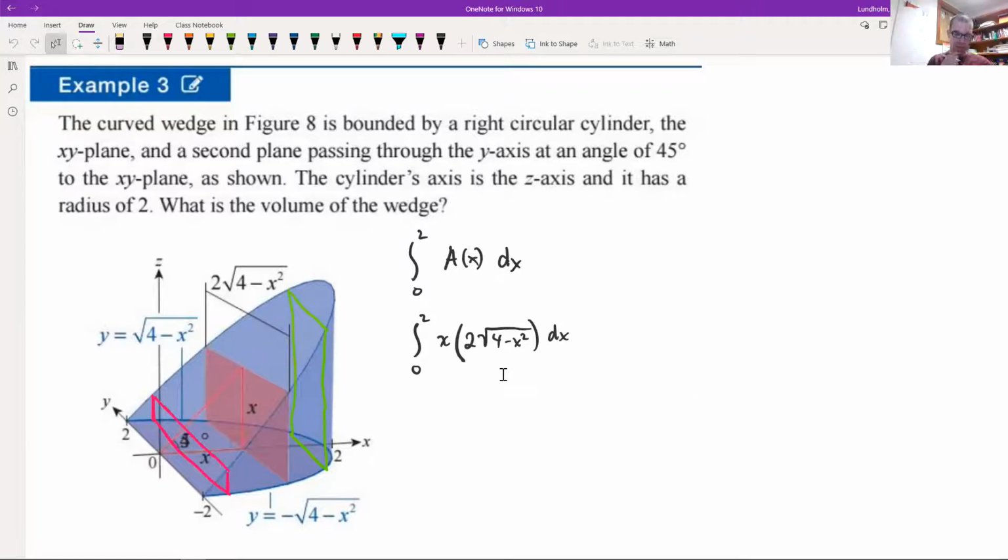For this one, it looks like the u substitution could be in order. If we set u to be 4 minus x squared, du could be minus 2x dx. And notice we've got a 2x on the outside. So really what we're going to be doing is minus du is equal to 2x dx. And then we can substitute that in.